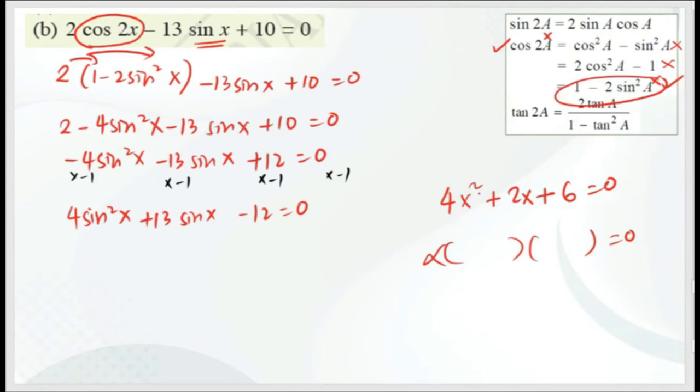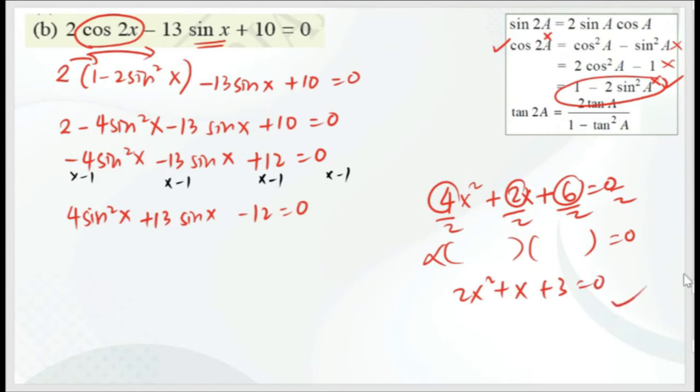You need to simplify the equation to the lower form first. You see that 4, 2, and 6 have the same factor, right? So divide by 2 first, so that you get 2x squared plus x plus 3 equal to 0. This is the simplest form. Then you only start to do the factorization.